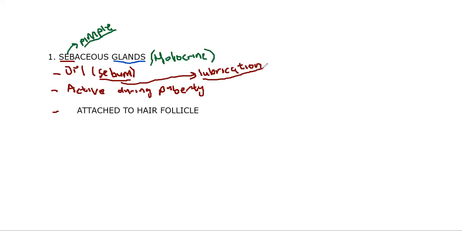I'm glad you're answering, because the moment you do, you'll never forget it. You'll remember when you're writing an exam that we had this discussion. So the only reason why your body releases oil is because it wants to lubricate your skin.